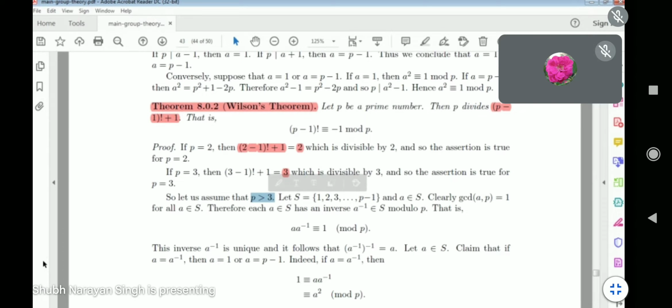After that, we consider the set S which consists of elements from 1 to p minus 1.